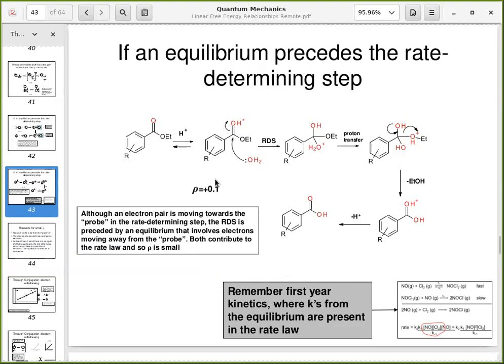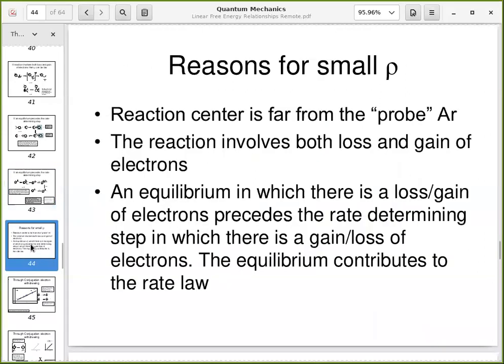The reaction constant could be small if there is both loss and gain of electrons. And the third case is you might have an equilibrium involving a loss followed by a rate determining step involving a gain, or the opposite way round. Okay, so there are three reasons why you could have a small reaction constant.